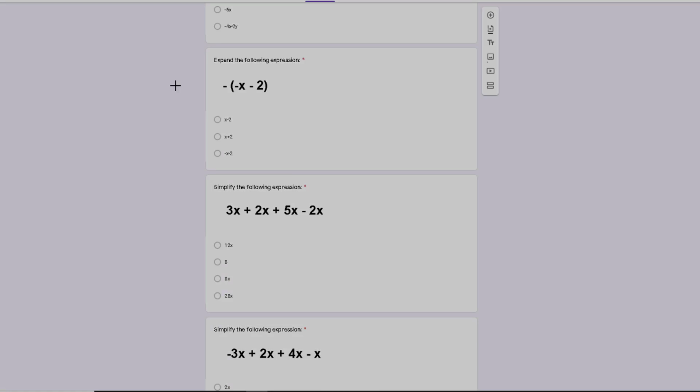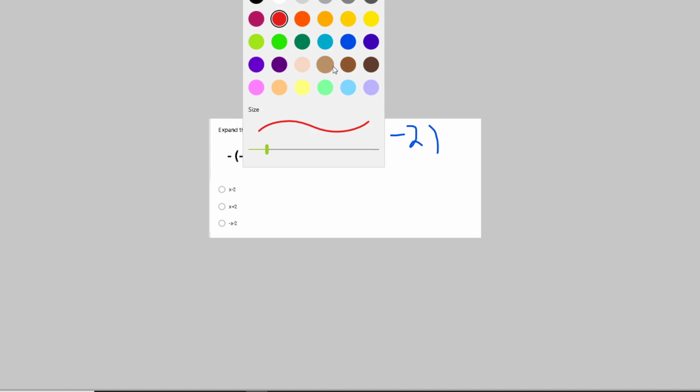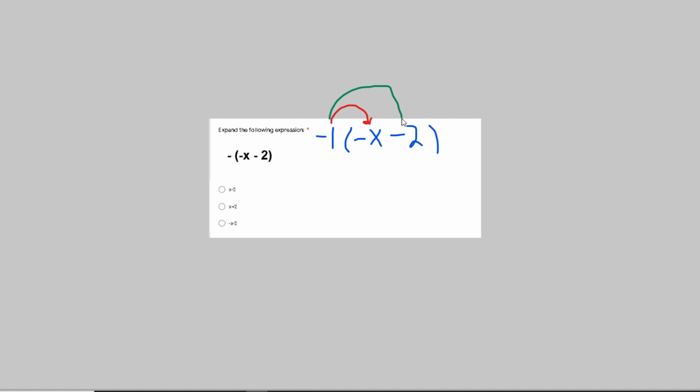Expand the following. So another distributive property. This one is something that high schoolers constantly make mistakes with, so if you learn it now, that'll help you. So we have a negative outside the parentheses like this. Whenever you have a negative outside, you can always think of that as a negative 1 times negative x minus 2. So now we can distribute this negative 1 through, multiply that by negative x, and then we'll multiply the negative 1 times negative 2.